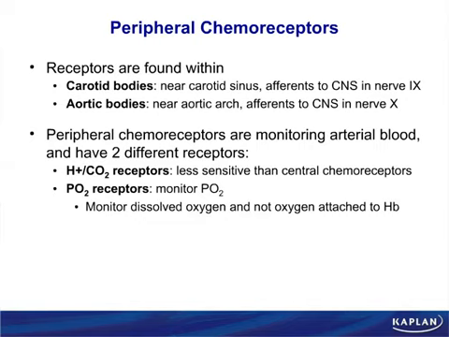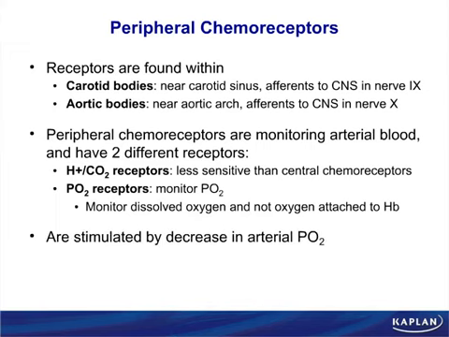So they are stimulated by a reduction in arterial PO2. Again, negative feedback. If arterial PO2 is falling, then it stimulates peripheral chemoreceptors to increase ventilation to try to increase arterial PO2. So negative feedback, and it makes good sense. Okay?